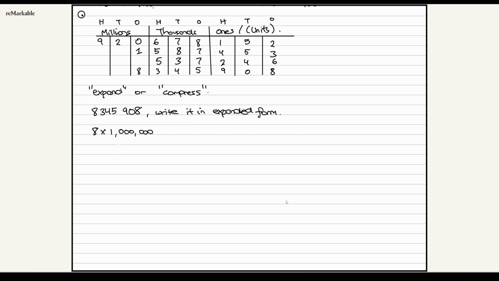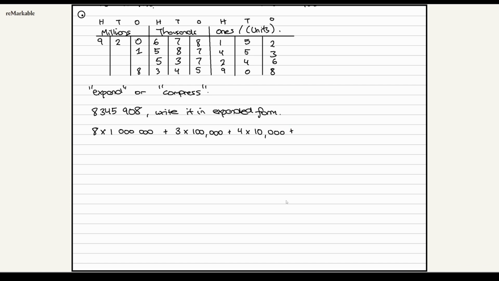So just because of that, I'm going to get rid of my commas there, just to make sure I'm doing it consistently. Then I'm going to add on 3 times 100,000, right? Because as we agree, we've got 300,000. Then we're going to do plus 4 times 10,000.